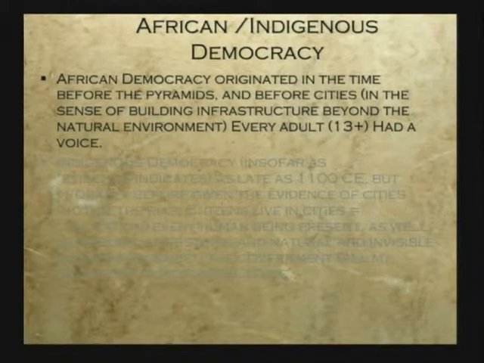Okay? So in African democracy, every adult, and adult was defined as 13 plus, after you successfully complete your rites of passage, had a voice in the government without restriction. Everyone. And then you were educated to participate in the community democracy. Everyone.